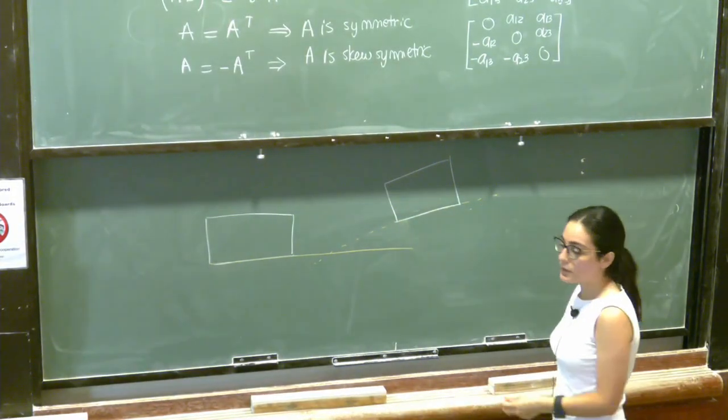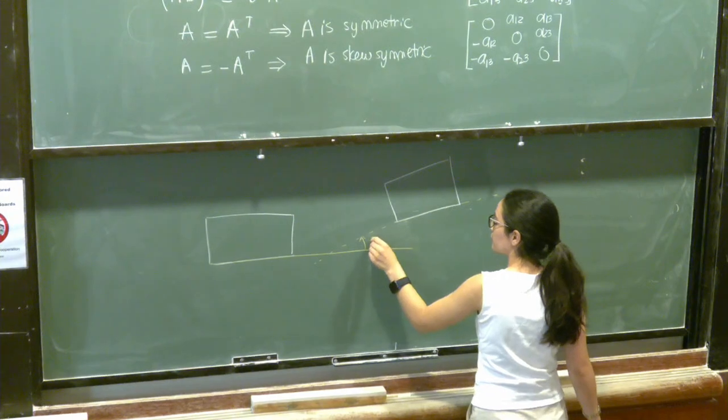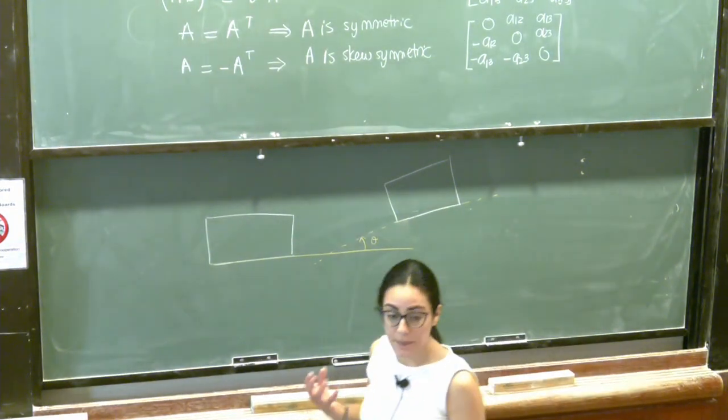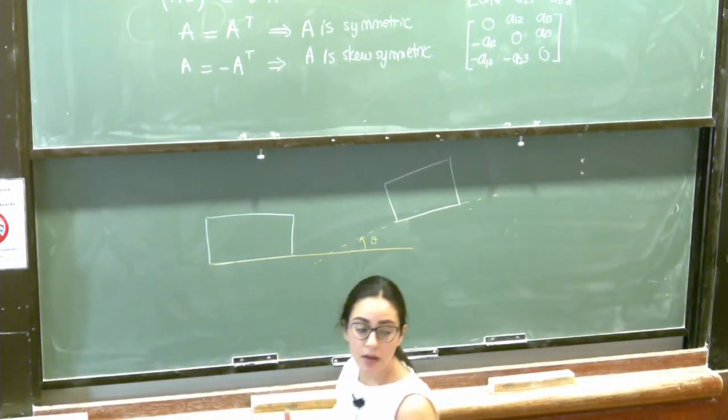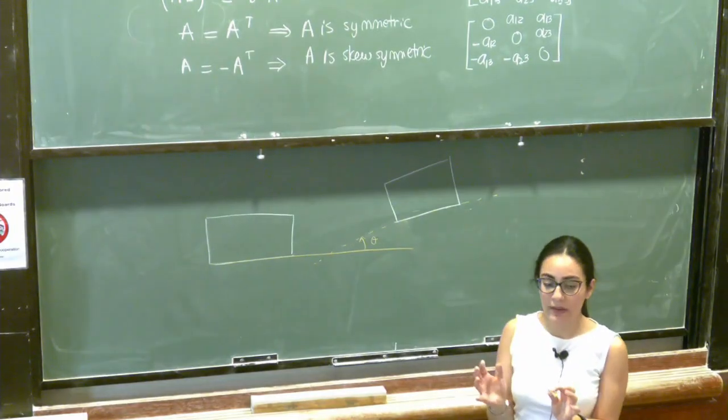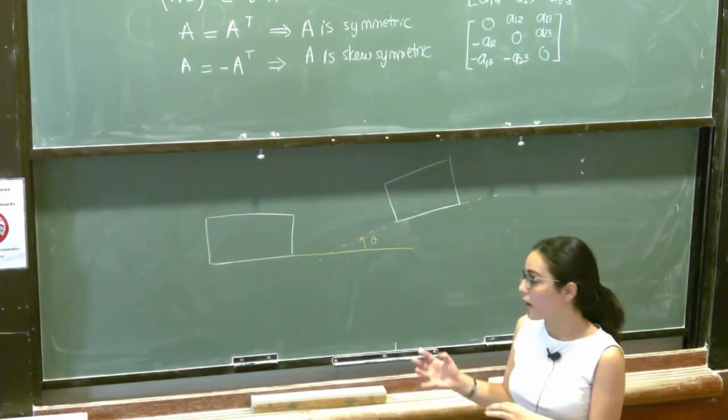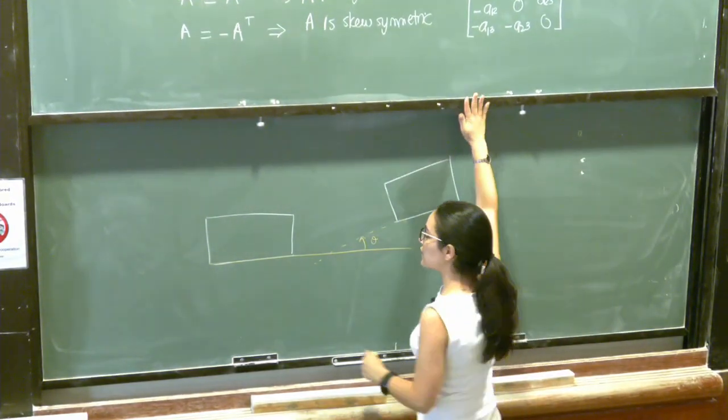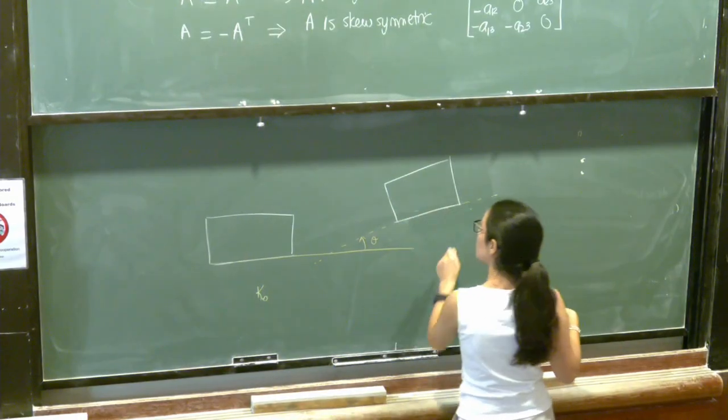What's the angle between the two lines? I'll call it theta. This is going to be the same angle between any two corresponding lines in the reference configuration and in the current configuration. So this is here my reference configuration, and this is my current configuration.